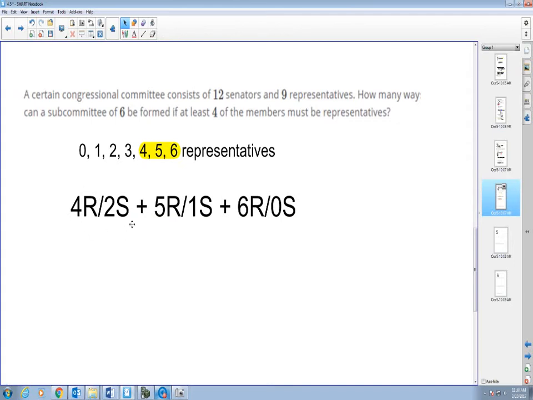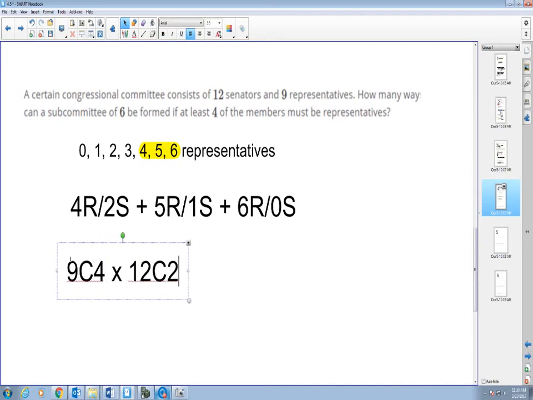So how many ways can I choose 4 representatives and 2 senators? There are 9 representatives. I'm going to choose 4 of them, followed by 12 senators, choosing 2 of them, plus 9 representatives, choosing 5 of them, followed by 12 senators, choosing 1 of them on the subcommittee.